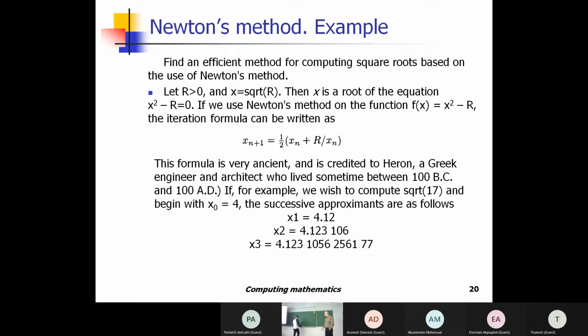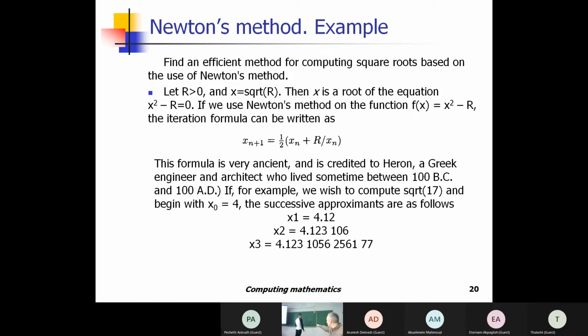One x can be cancelled. Cancel x, and one x is there. So the one negative xn over 2 plus r over 2xn.